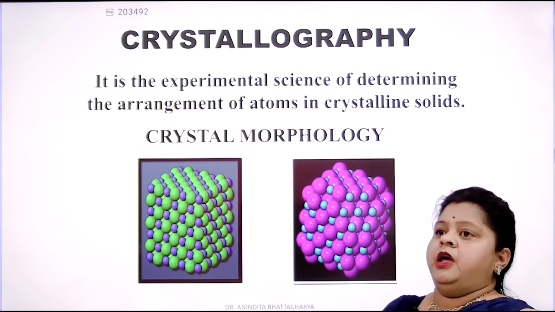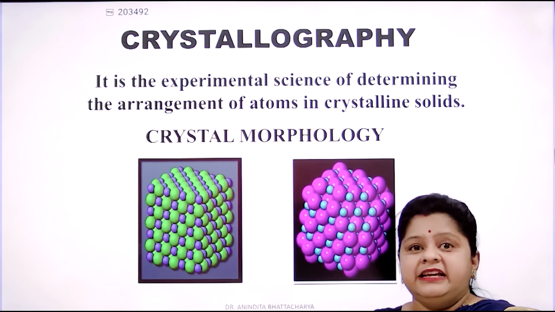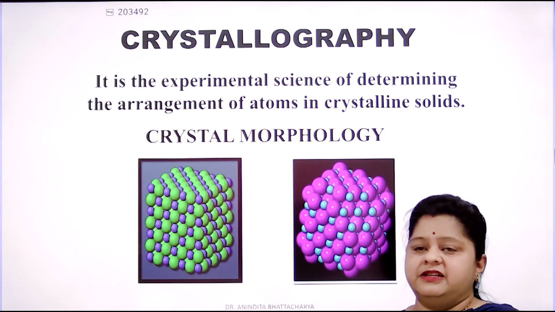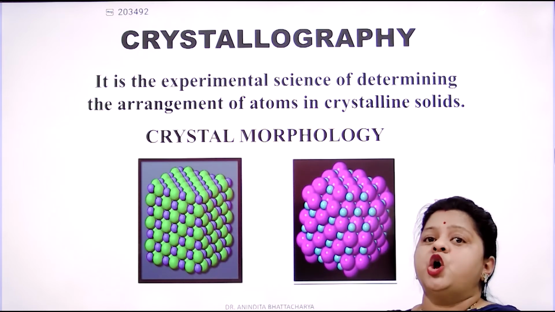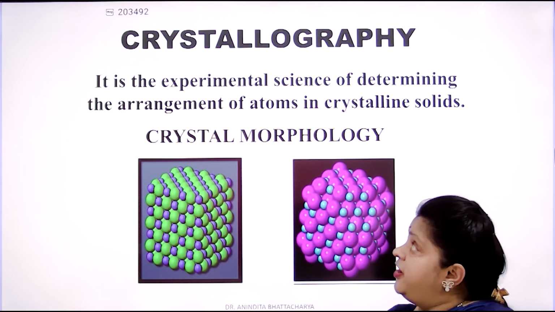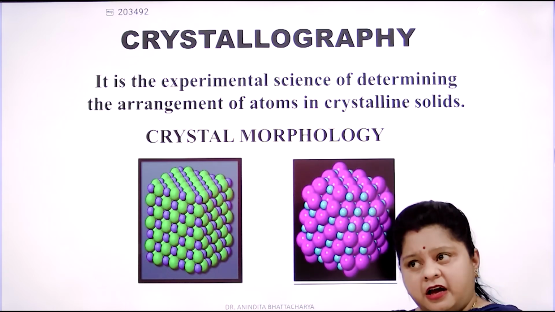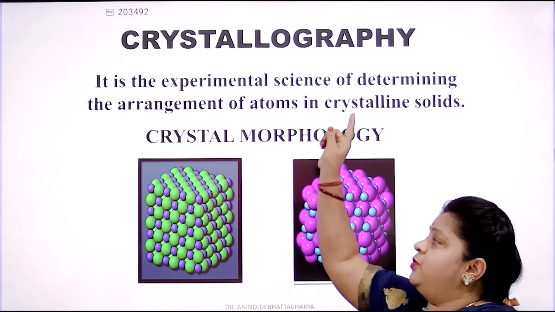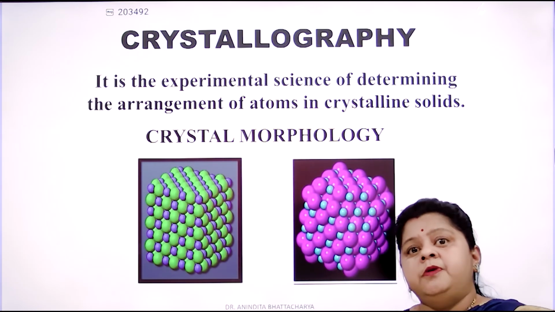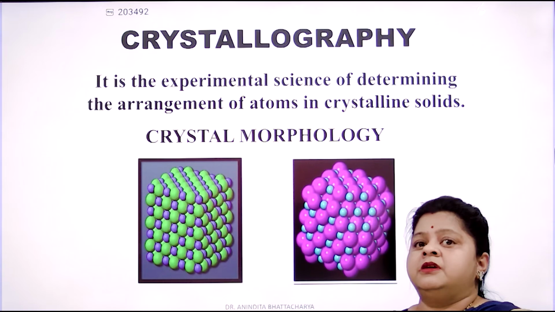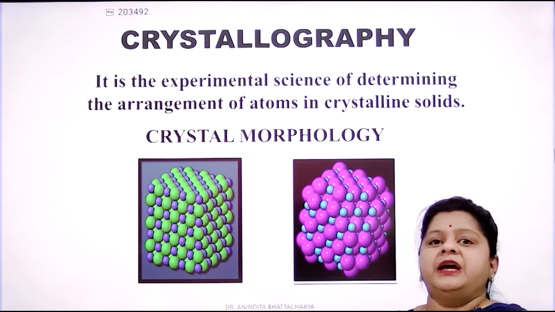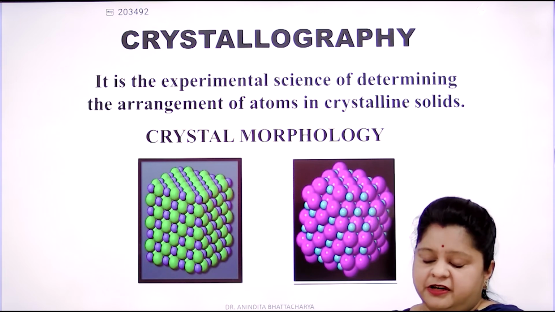Now, the study of the crystal, which is the experimental science of determining the arrangement of atoms in crystalline solids, is known as crystallography. Arrangement of atoms or molecules follows generally two types of packing properties.